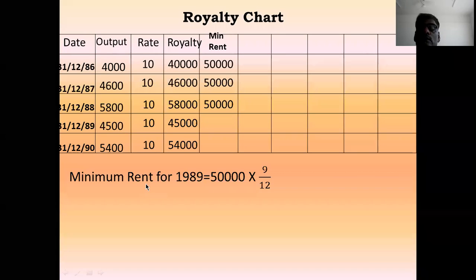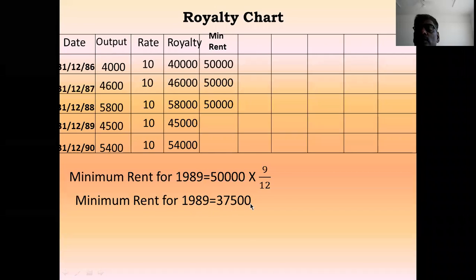Minimum rent for 1989 is equal to 50,000, multiplied by the number of working months. 3 months is the strike in a year, so out of 12 months you deduct 3. Working months are 9, divided by the number of months in a year, 12. So you take 9 divided by 12. Then the minimum rent for the year 1989 is 37,500.